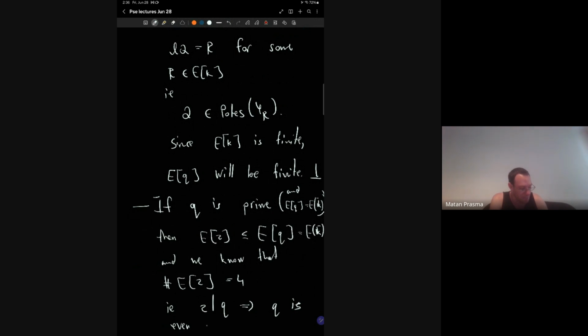But Q is prime, and there is only one even prime, so Q is equal to 2, and that's a contradiction. Because E2 cannot be the whole thing. E2 can only have 4 points.